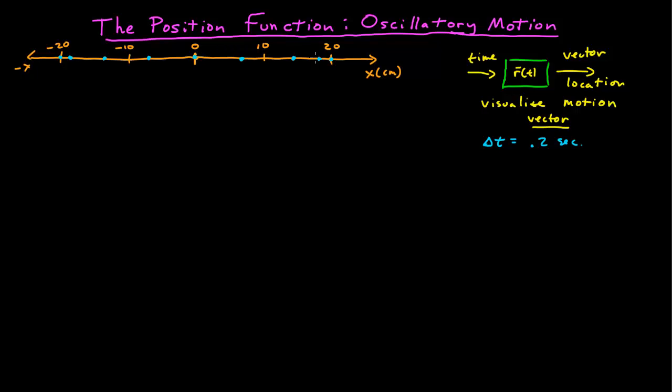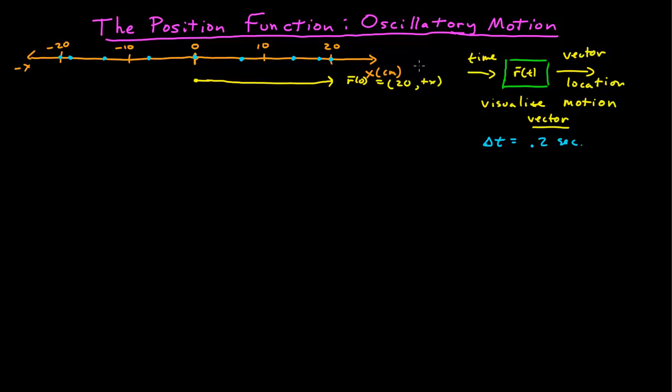Since it repeats on itself and it travels all the same ground, I'm not going to write my vector function on my axis itself. I can translate my vectors, and so I'm going to move my vectors off a little bit so we can see them. So this is r at 0. It is equal to 20. It has a magnitude of 20 centimeters.